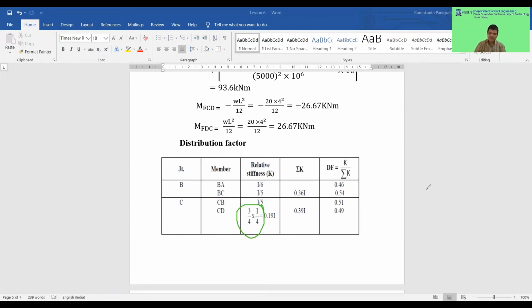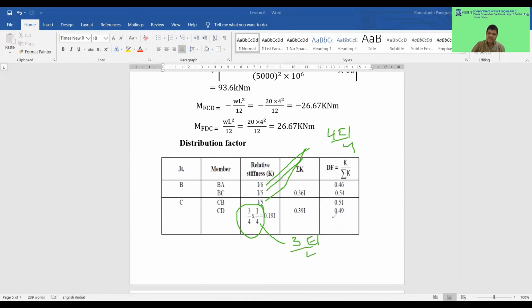So you calculate the value of K, the relative stiffness of each member, then calculate the value of sigma K. If you calculate the other way, the member stiffness will be 4EI by L. This will also be 4EI by L, and this also will be 4EI by L, but this will be 3EI by L. So you can also do that.